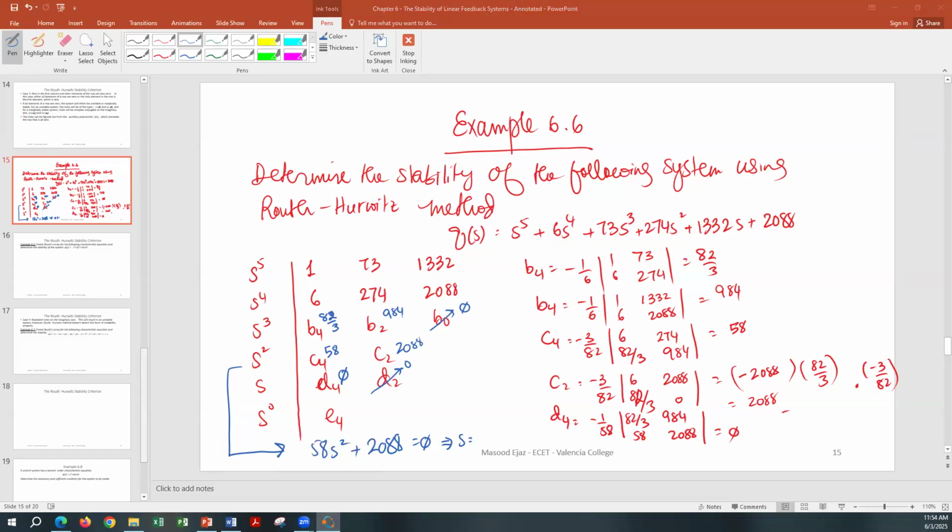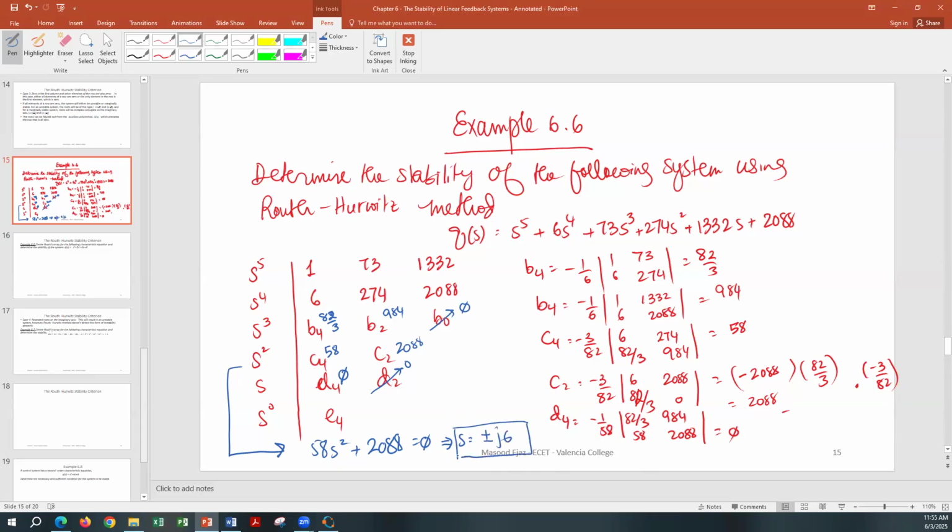So for this case, S squared is equal to negative 2088 over 58, which is a negative number, so S is equal to plus minus j6.